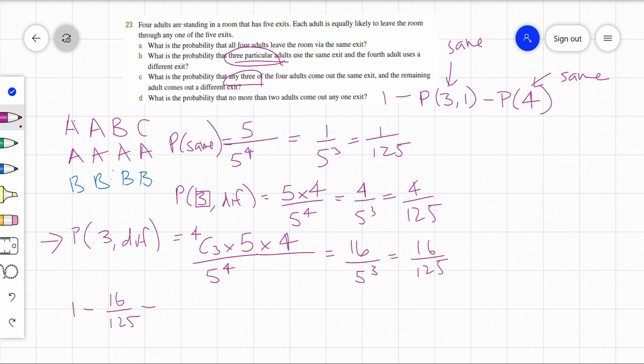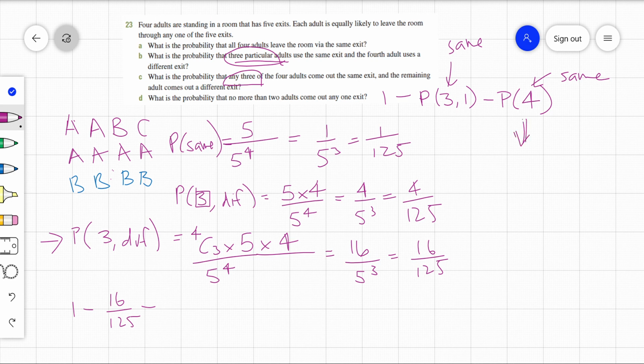And I also want to get rid of 4 the same. So what would 4 the same be? Well, it would have the same denominator, but this time, if 4 are the same, they just have to choose 5.